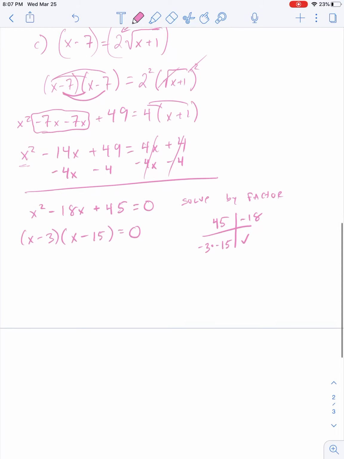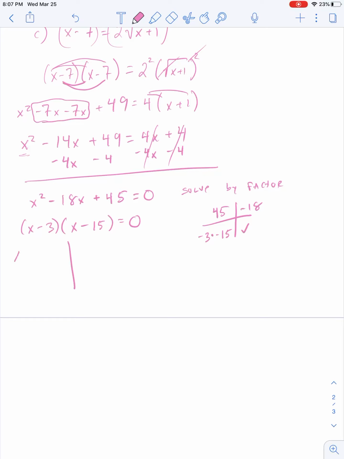And then from there, what we can do is we can set each one equal to 0 and solve. All right, so we get x to equal 3 because we add 3 to both sides. All right, add 15 to both sides. So we get 2 answers, but let's check our work.